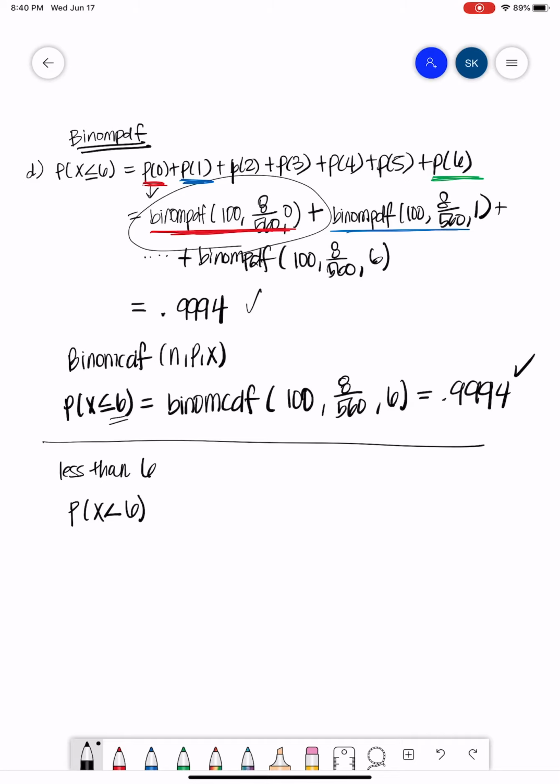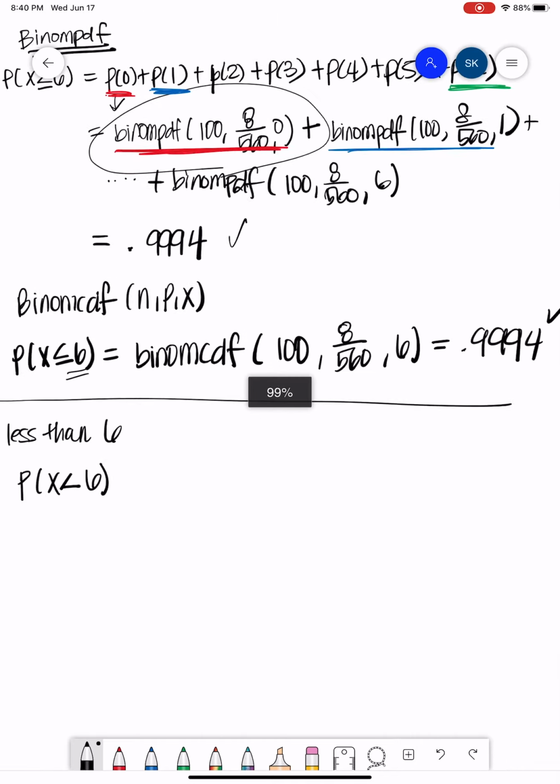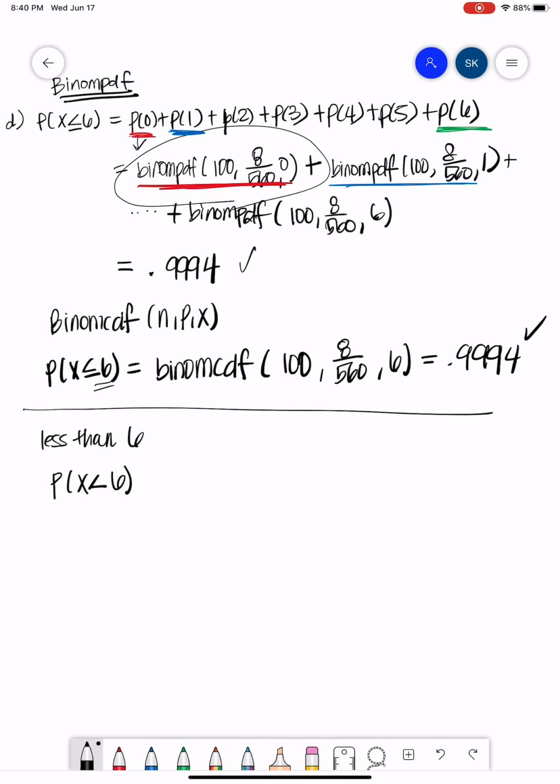So you could use PDF, also CDF, but this time for your binom CDF, the last number will be slightly different. This will be binom CDF 100, 8 out of 560, and the last number should not be 6 because you're not including 6, but it should be 5.